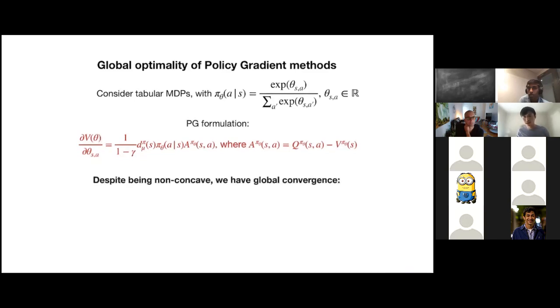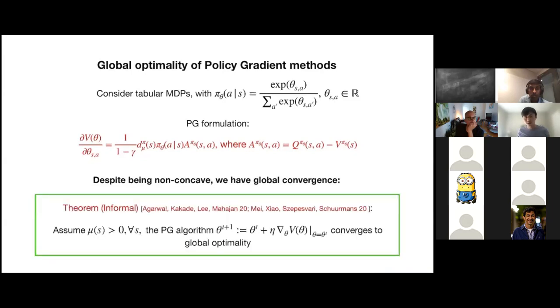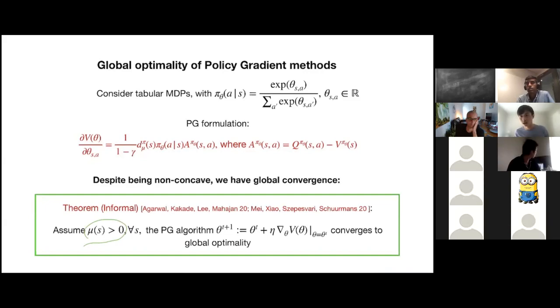The nice thing is that despite the objective function being non-concave in general, we actually have global convergence. The theorem here says that under the condition that your initial state distribution has good support everywhere, which is a strong assumption, but you can also show that this assumption is not avoidable for proving global convergence of this approach.